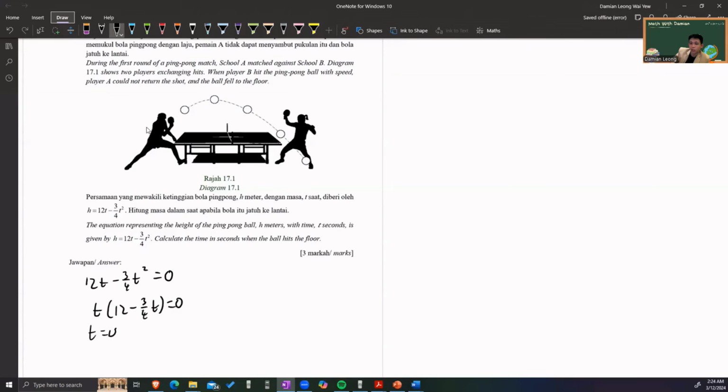So it's either time is 0, which I won't consider. Yeah. No time has passed, definitely not. So it means 12 minus 3 over 4 t is 0. 12 is 3 over 4 t. 12 times 4 over 3 equals t. t is 16. 16 seconds.